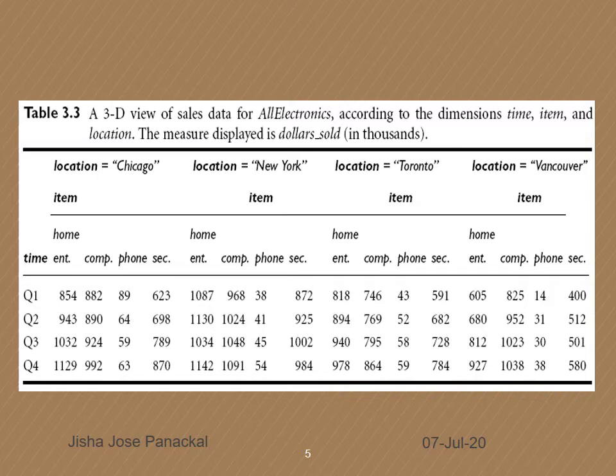So we have location Chicago and for the item, we are representing the values as per quarter 1, quarter 2, quarter 3 and quarter 4. So this is the 3D view of sales data for all electronics. We can represent the data like this for understanding the data cube in a more effective manner.